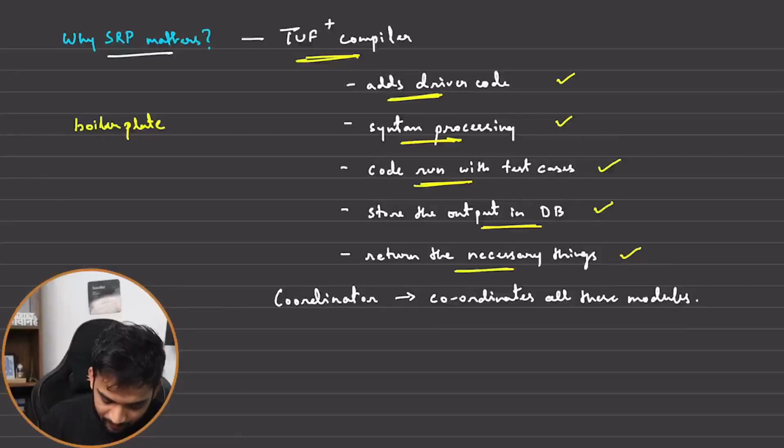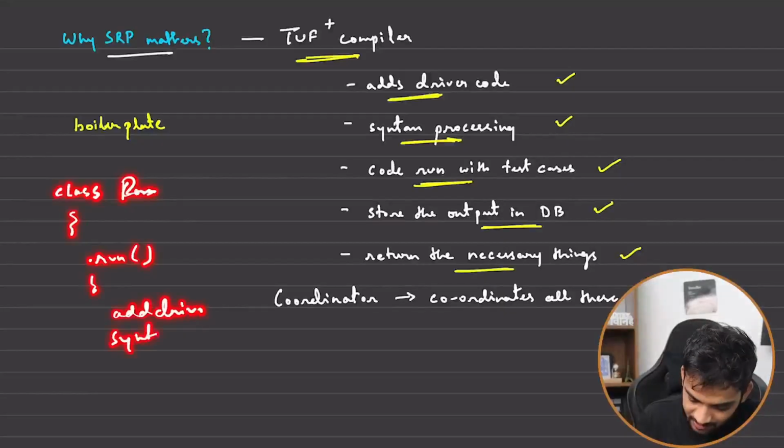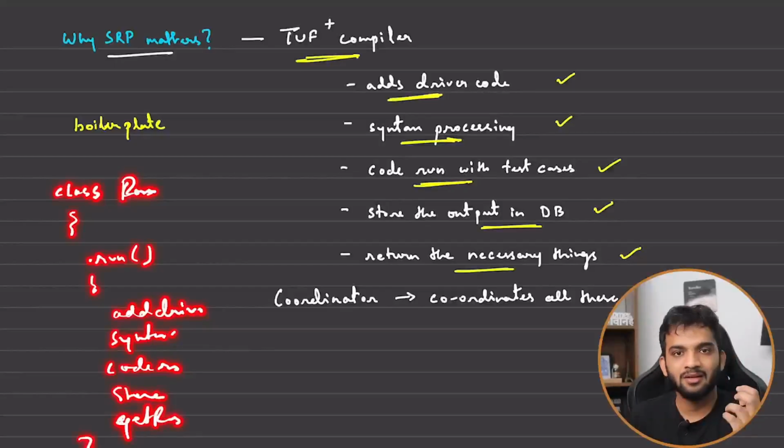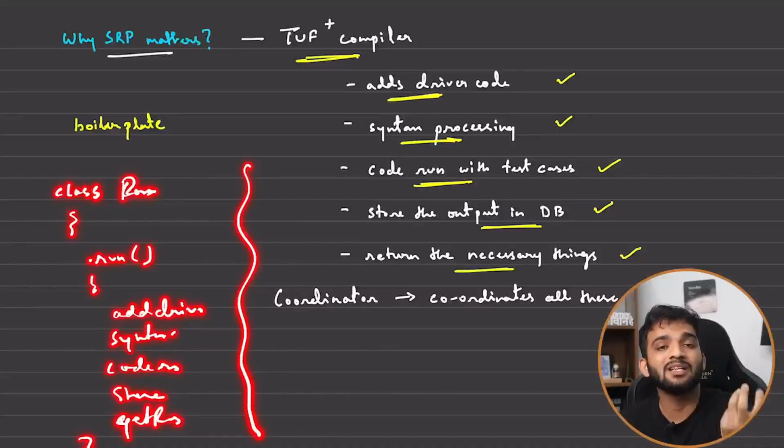I could literally have a class, compiler or runner, whatever you want to call it. And inside that, if I have a method run, it's first going to call the add driver code class, then the syntax class, then the code run class, then the store output class, then the get response class, and that's it. So there will never be an error over here because it is just calling classes.